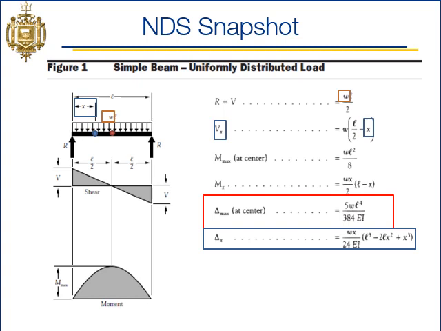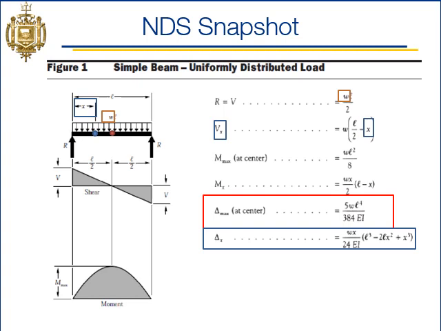So our first equation, we have R equals V. R is the value of our reaction force, and V is the value of shear. So R equals V, and then we follow the dots over, and it has an equation: WL over 2. But what the heck is W? W is the magnitude of our distributed load, which might be 10 pounds per foot.